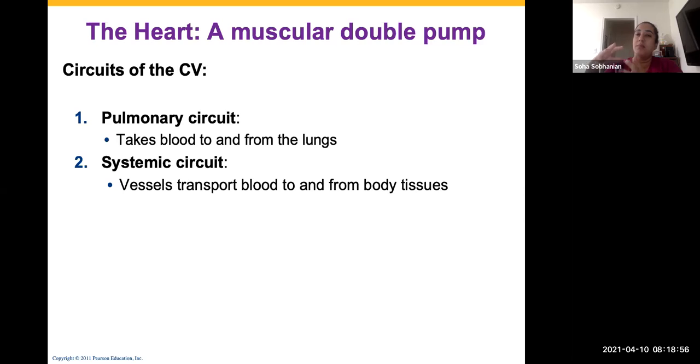So the blood that comes off of your tissue and is going back toward your heart, what kind of blood is it? Okay, not the color, but the type of blood. Is it oxygenated blood or deoxygenated blood, after it has left the tissue, guys?